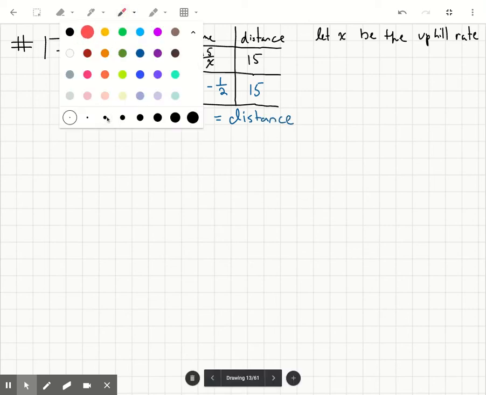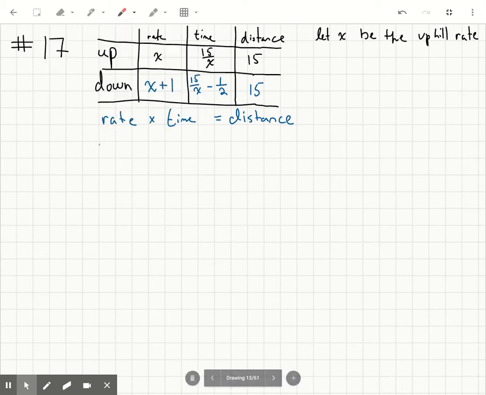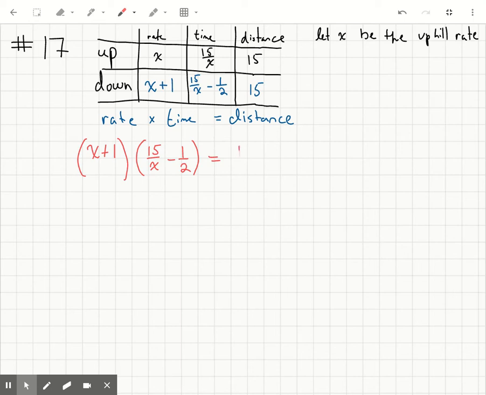Okay, so the rate is X plus 1, times the time, which is a binomial here, 15 over X minus a half, is equal to 15. Okay, so what is that again?